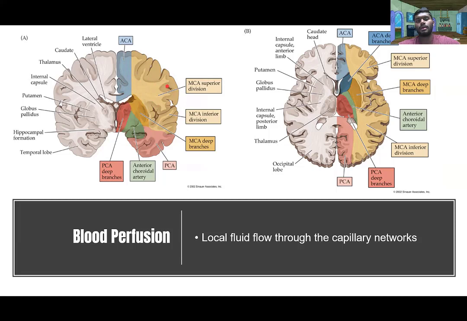So for example, the ACA, right? This part of the brain, this little border, is supplied by both the MCA and the ACA. And it kind of makes sense from an evolutionary standpoint, because if you have a clot in one of these arteries, well, you don't want to lose all blood flow to this portion of the brain.